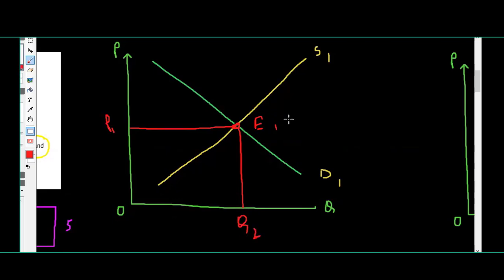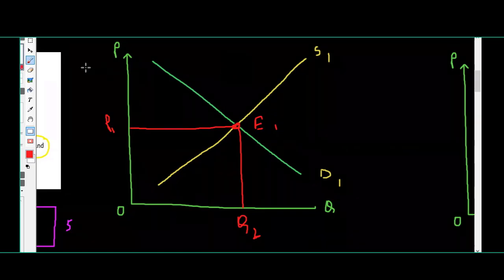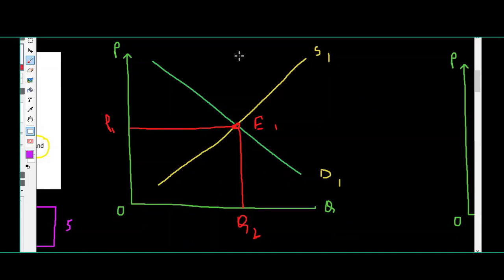Now, somehow, if the demand increases in the market, the demand curve might shift that way from D1 to D2. So our supply curve is the same as S1, but the demand has been changed and our new demand curve is D2. Because of this, our new equilibrium will be a different one.